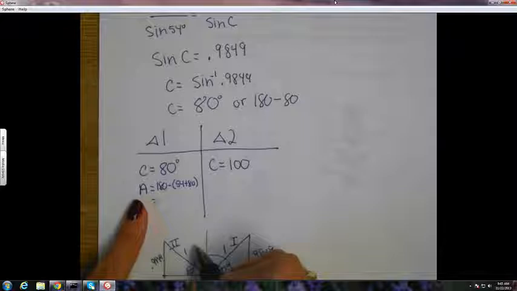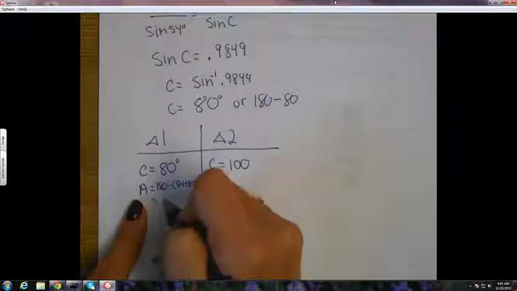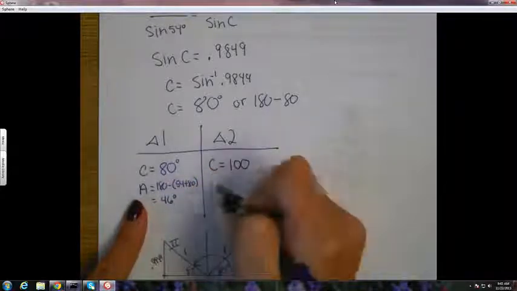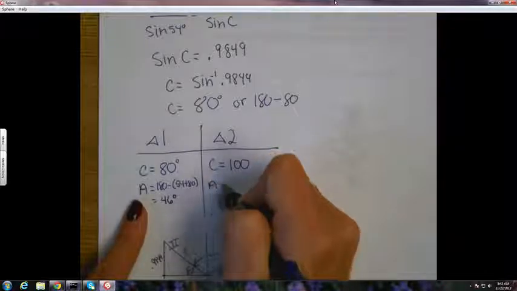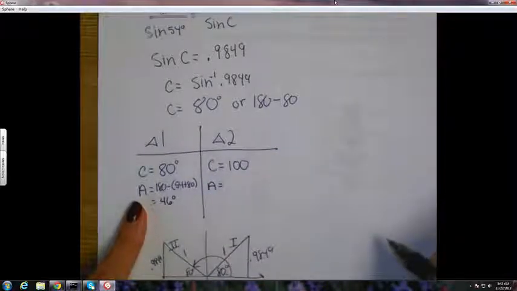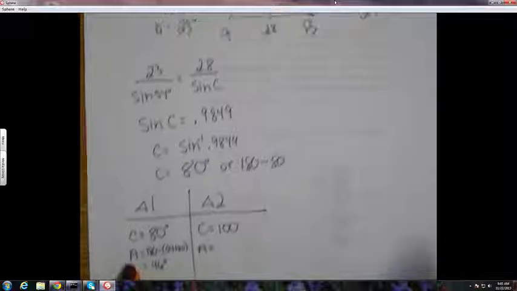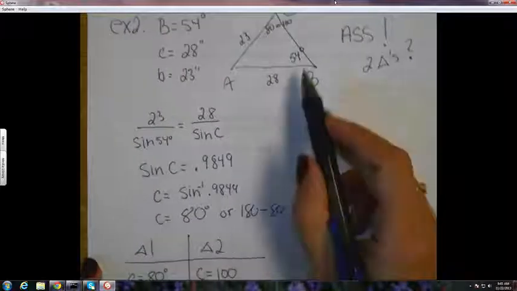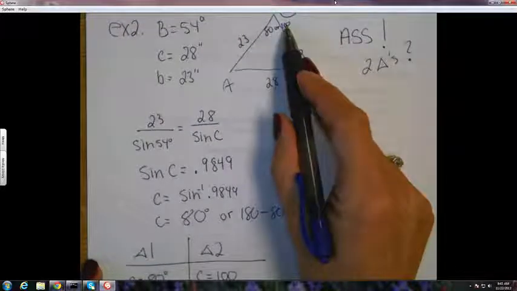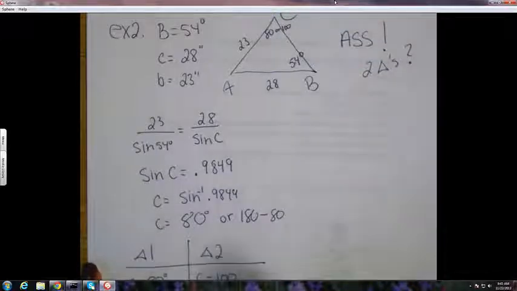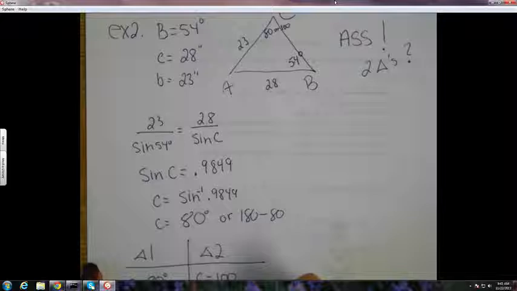What is it? 46 degrees. Okay. Move to the second triangle. I've got a 54 and a 100. So 180 minus 54 plus 100 is 26.